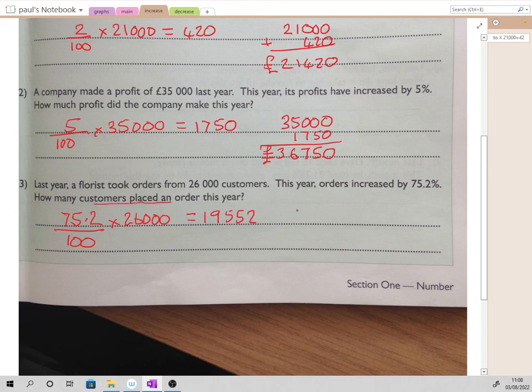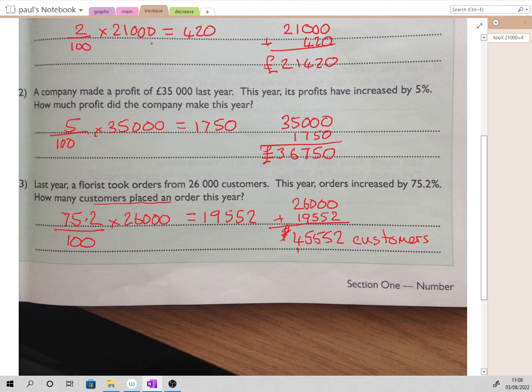So how many customers placed an order this year? Again, we add the two together. So 26,000 plus 19,552 is going to be 45,552 customers.